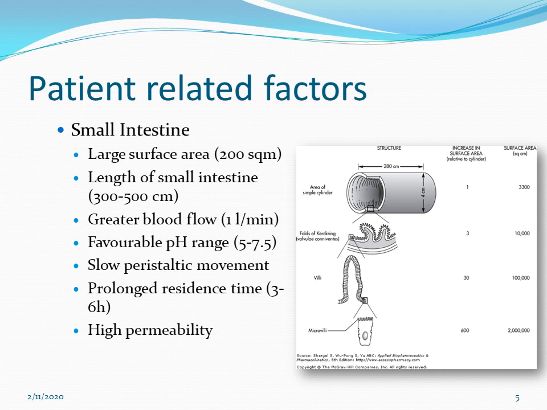The pH of small intestine is about 5 to 7.5. Comparatively, there are slower peristaltic movements than the stomach. The residence time in the small intestine is about 3 to 6 hours, and most of the drugs get easily permeated through the small intestine. So this is about the small intestine.